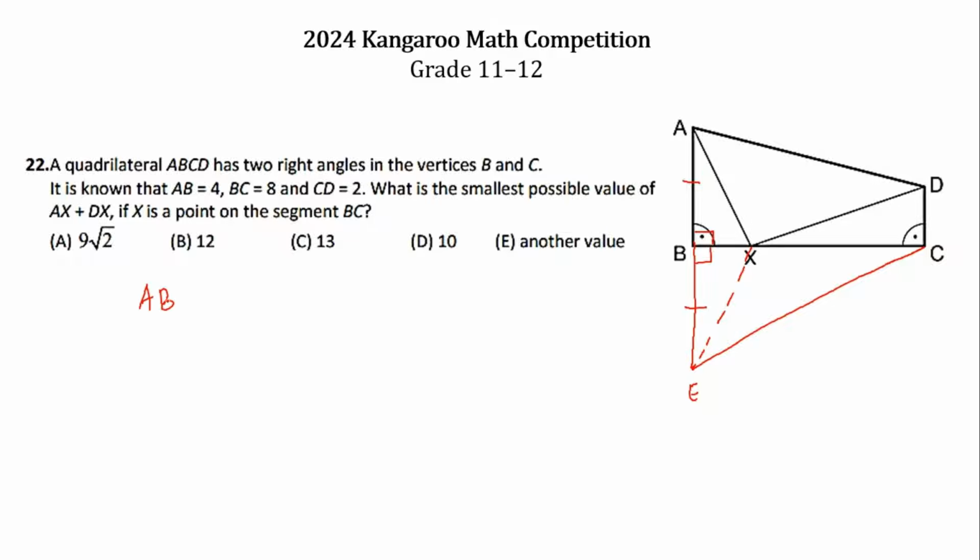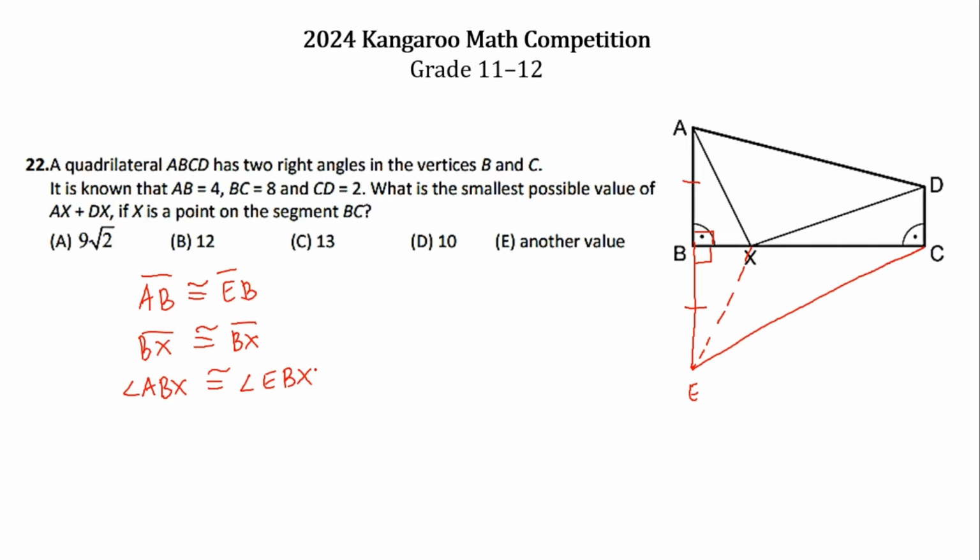So I'm just going to write that. BX is congruent to itself by reflexivity, and angle ABX is congruent to angle EBX. Okay?